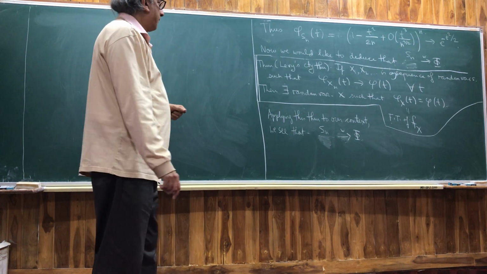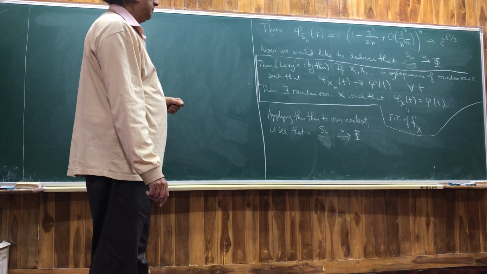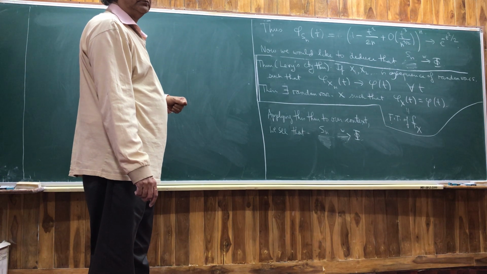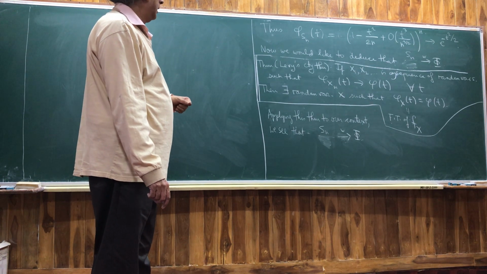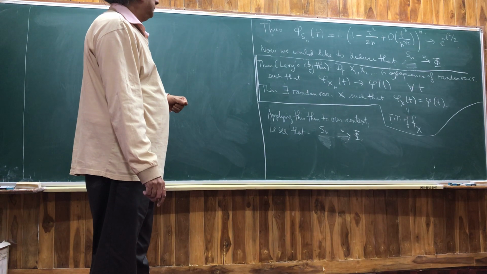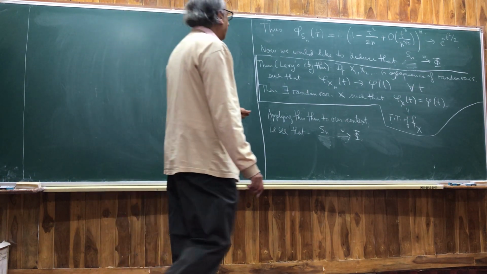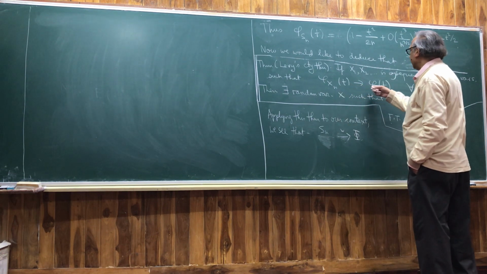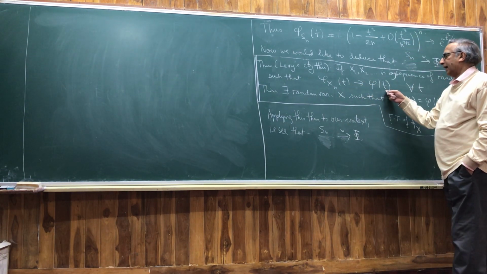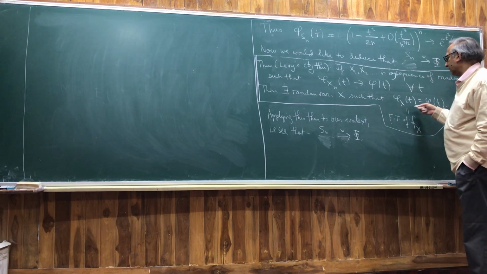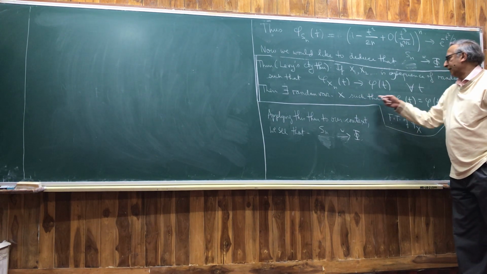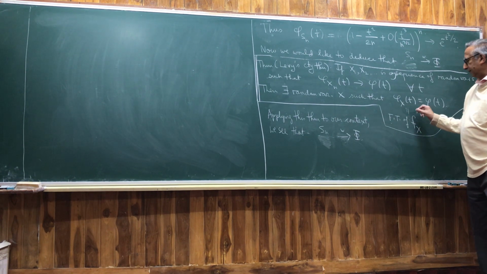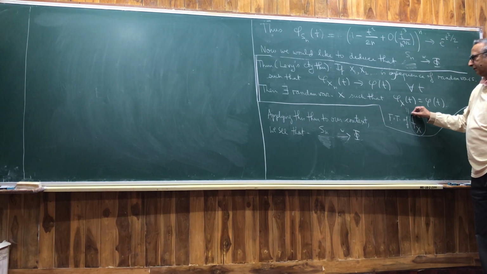This theorem is saying that there exists a random variable x such that this happens. But do we need xn to converge to x or something? What I'm saying is, once you have this, phi xn of t converges to phi x of t, and therefore, once I have a random variable x in place, I can get hold of the density function by taking the inverse Fourier transform.